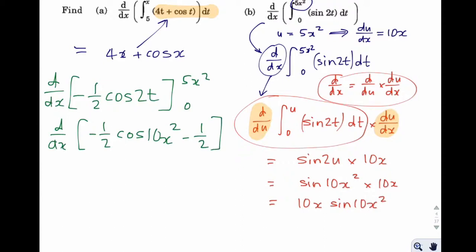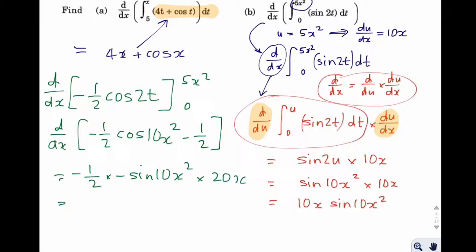Now we're going to do the derivative with respect to x. The derivative with respect to x of this thing is negative a half cos 10x squared. The derivative of cos 10x squared is going to be negative sine 10x squared times the derivative of 10x squared, which is just 20x.